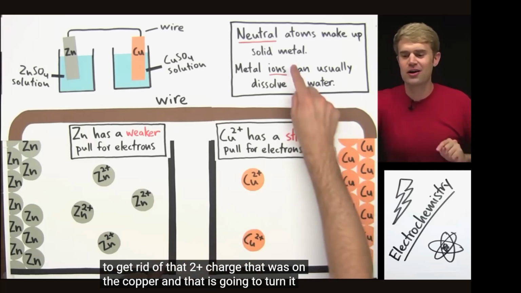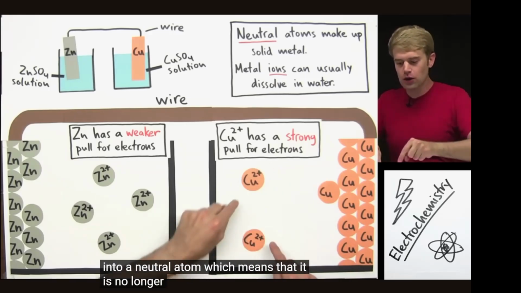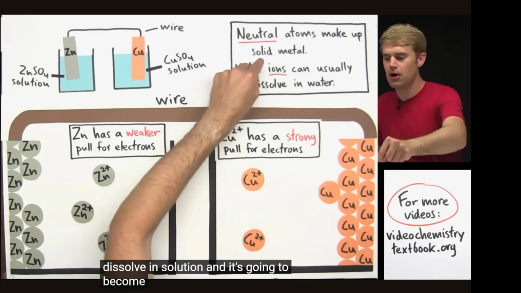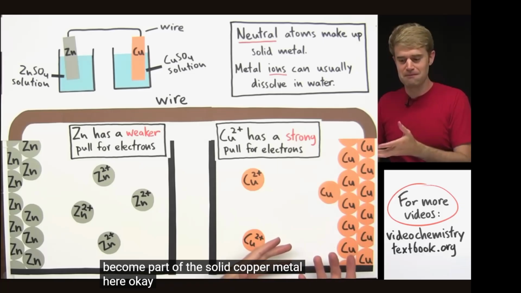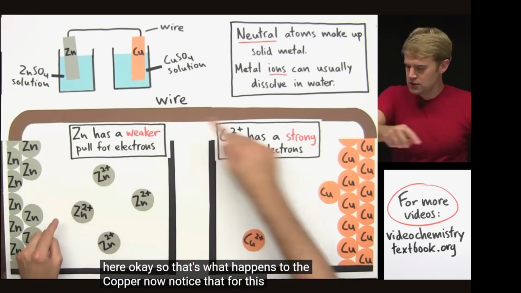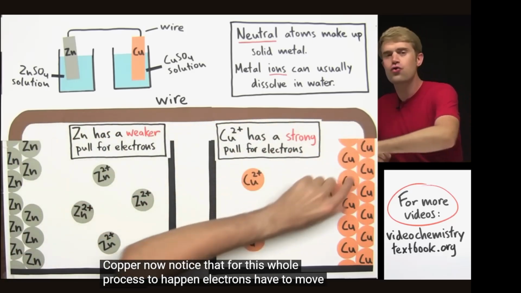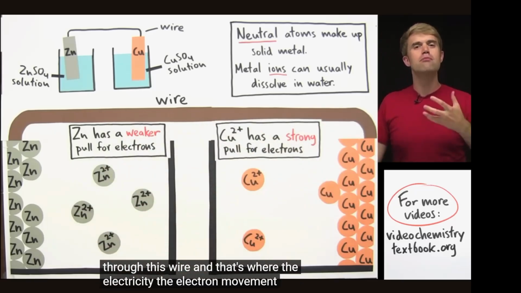That is going to turn it into a neutral atom, which means that it is no longer going to be able to dissolve in solution, and it's going to become part of the solid copper metal here. Okay? So that's what happens to the copper. Now notice that for this whole process to happen, electrons have to move through this wire, and that's where the electricity, the electron movement, comes from.